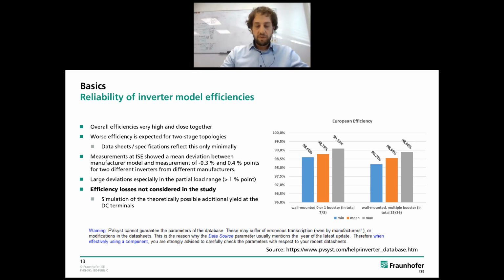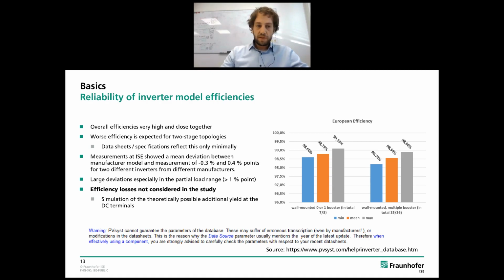But the other and the main argument is that this efficiency data is also coming from the inverter manufacturers. So we are having more or less the same problem that we got with the PV modules, that the accuracy and the reliability of the data is not 100% given, I would say. So we decided not to include this. We did also measurements.